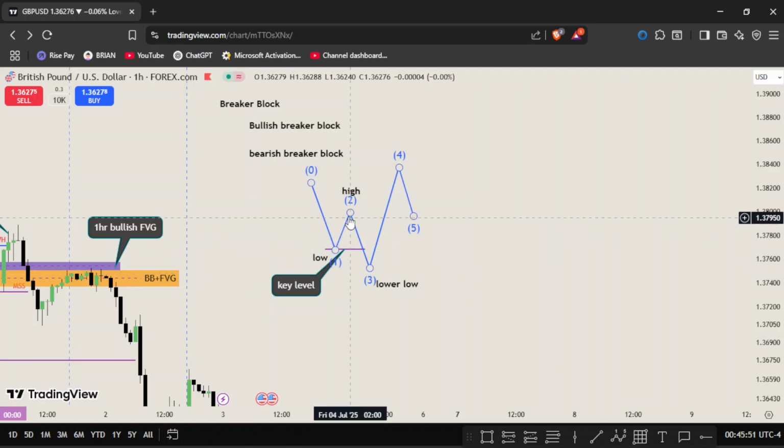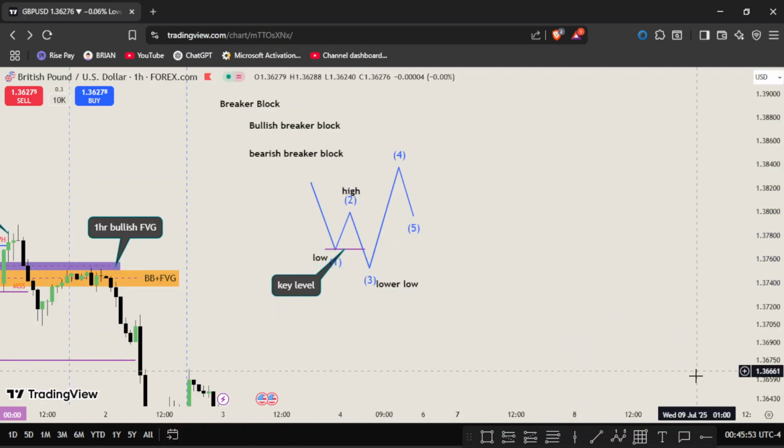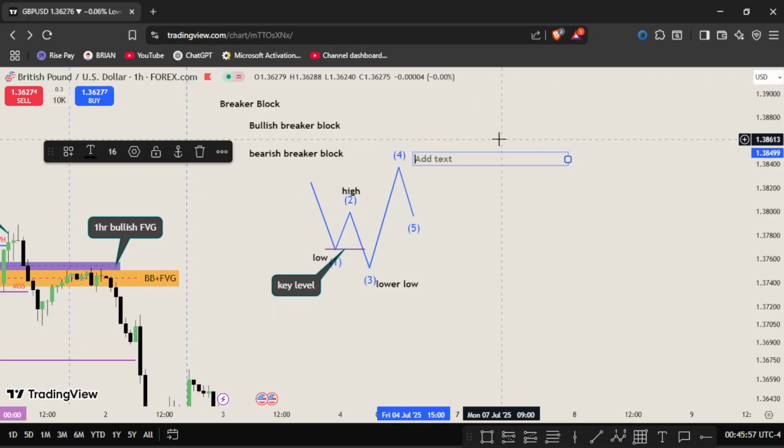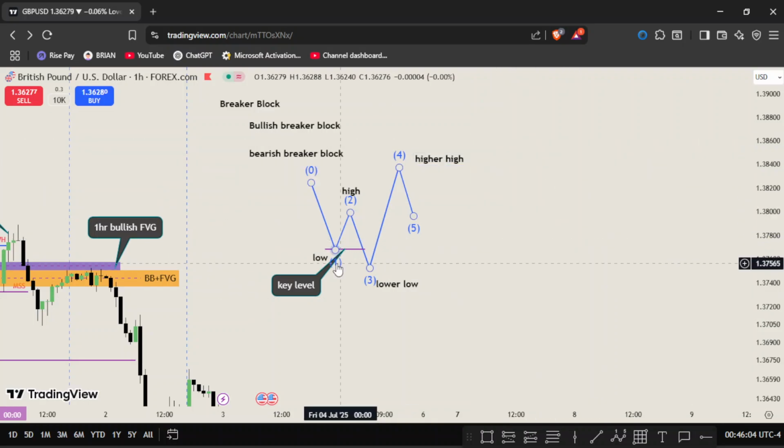We had a low, a high, a low. Then we formed another higher high. So meaning we've made a low, a high, a low, a higher high.